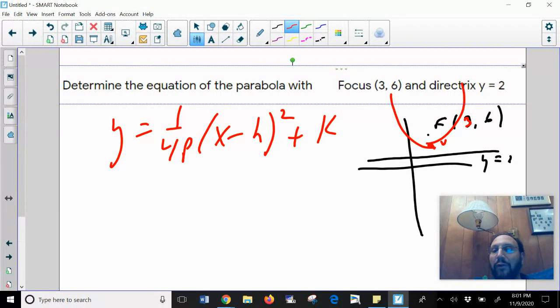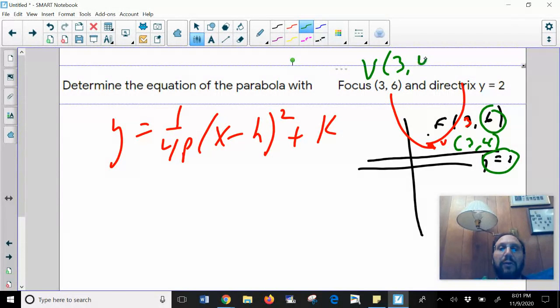So halfway between 3, 6 and y equals 2, I would be looking at the y values. The y values are 6 and 2. Halfway between 6 and 2 is 4, or you could average them if you needed to. But it tells me that my vertex is at 3, 4. So halfway between 3, 6 and 3, 2. That would be my h, k.